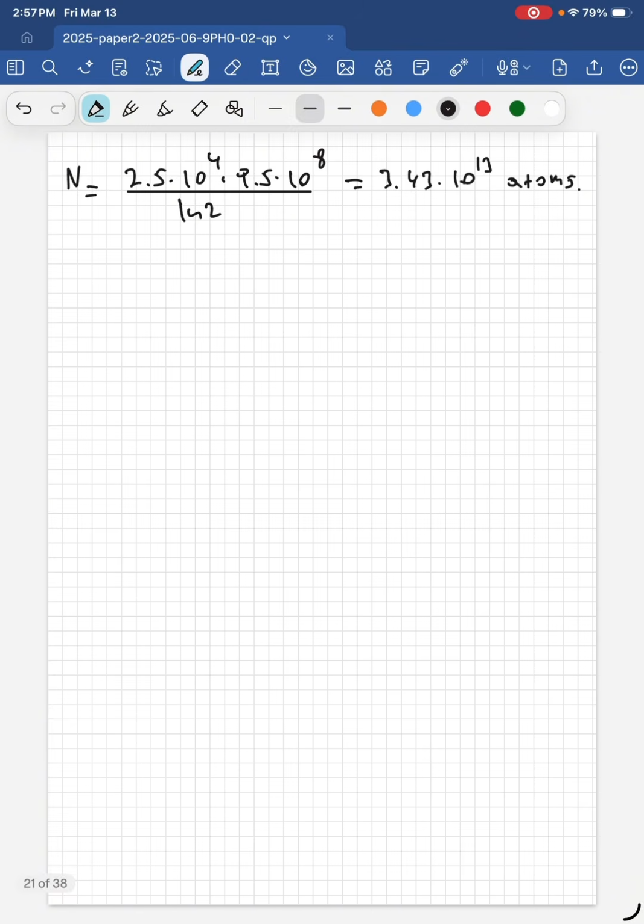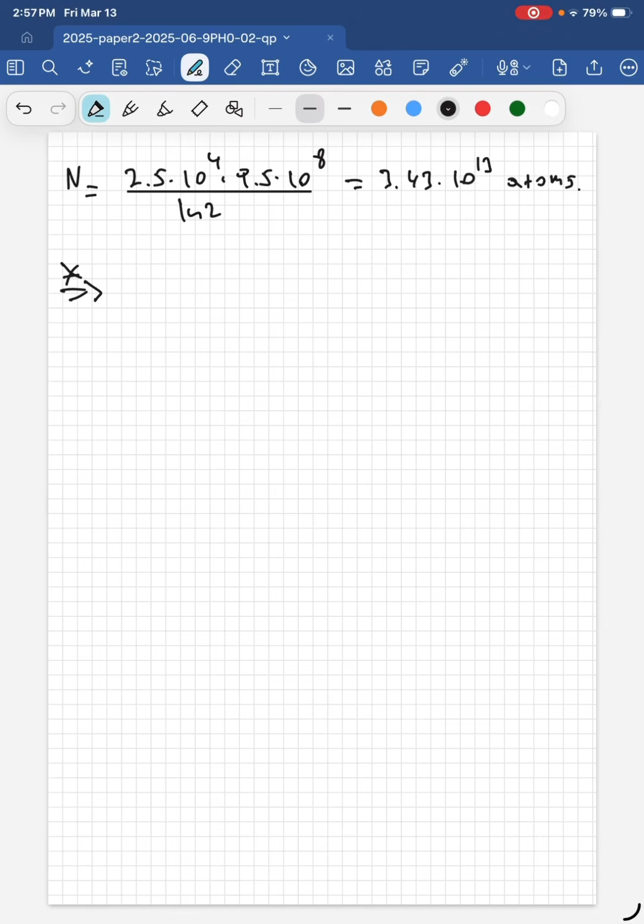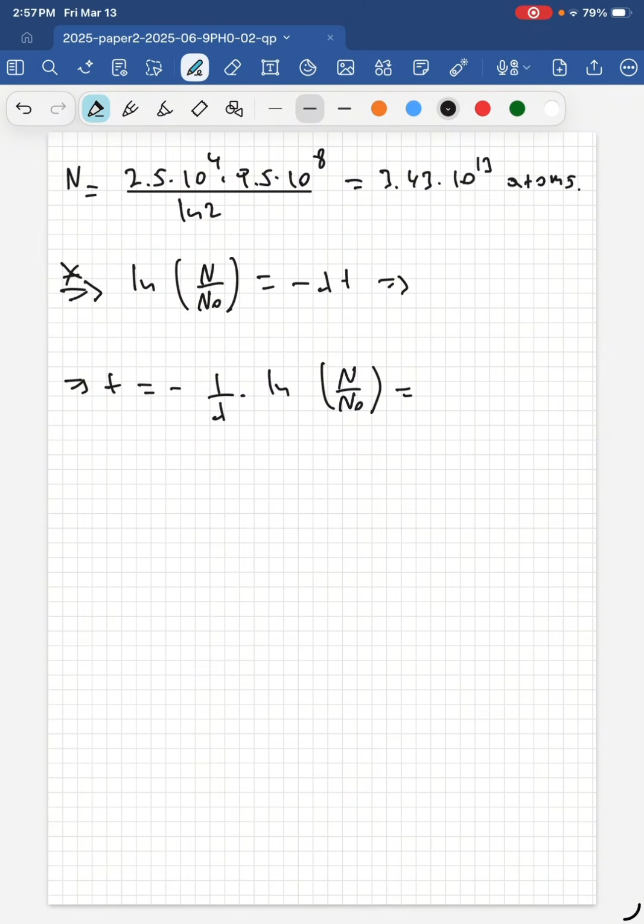So if we take the ln, this is equal to minus lambda t. So the time is minus 1 over lambda ln of N over N naught. And you will see why I carry that N over N naught.